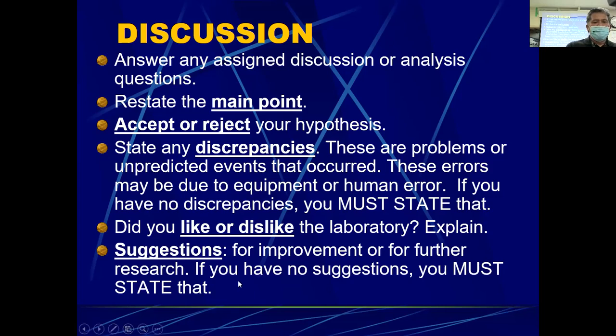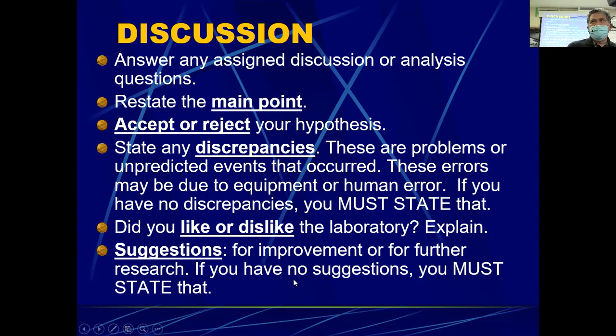And then finally, the suggestion section. Your suggestions should be for improvement or for further research. And if you have no suggestions, just like you did for the discrepancy section, you have to say that. But you should have some suggestions. I think that we should do this in 2 periods instead of 1 because I ran out of time.